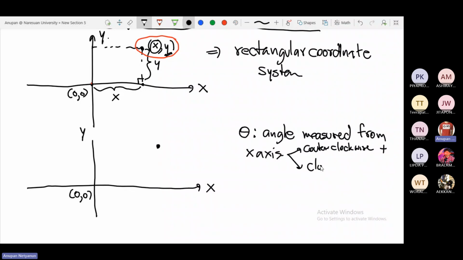So clockwise, your angle theta will be negative. So, if I start from this point, I'm looking at the x-axis. I want to go to this point, right? So I measure the angle from the x-axis counterclockwise in this case.